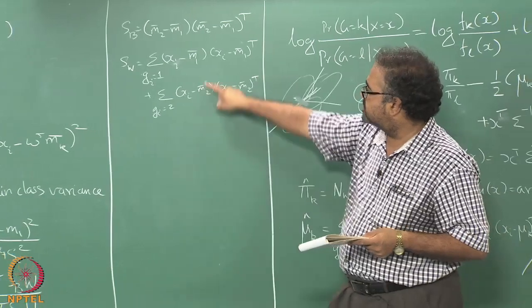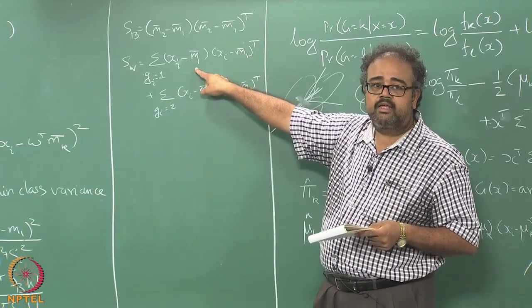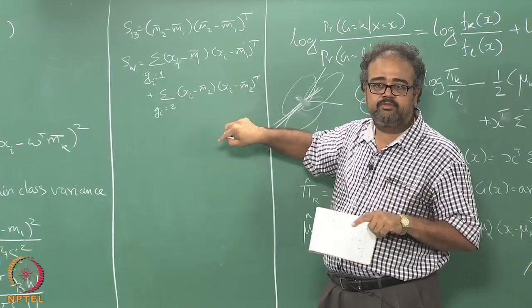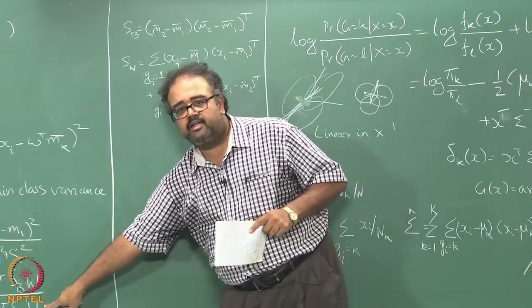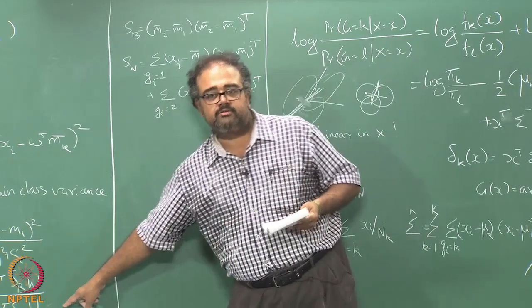So S1 squared plus S2 squared is essentially, this is S1, and I take out the W from there, and this S2 I take out the W from there, so that gives me W transpose S_W W, right.